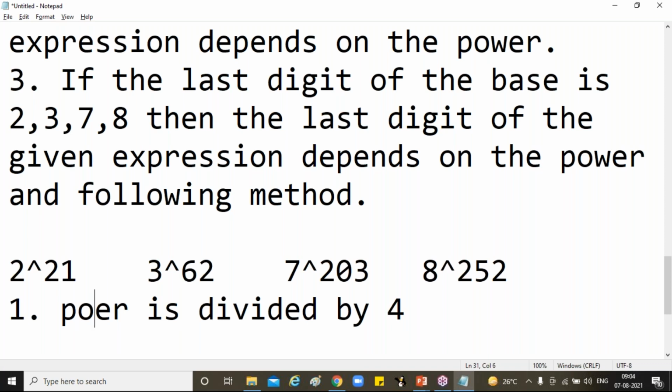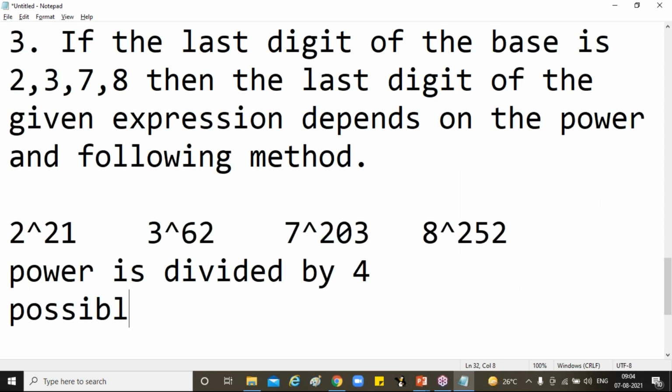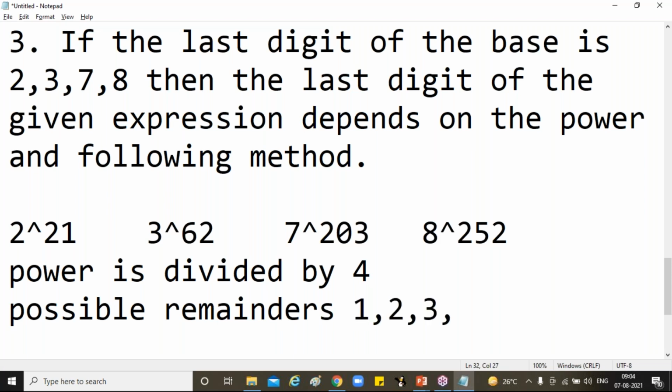Whenever power is divided by 4, we have to focus on the remainders. The possible remainders are less than 4: that may be 0, 1, 2, or 3. 4 is not possible, 5 is not possible.